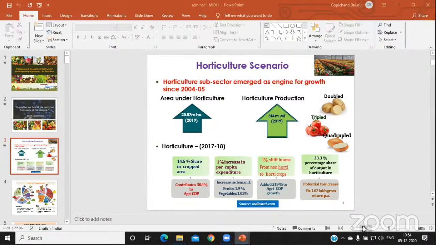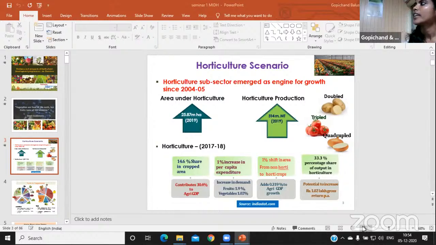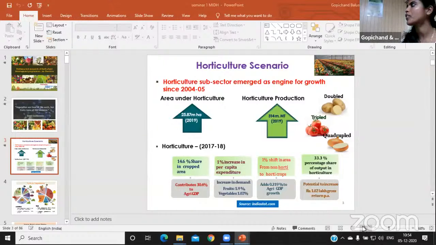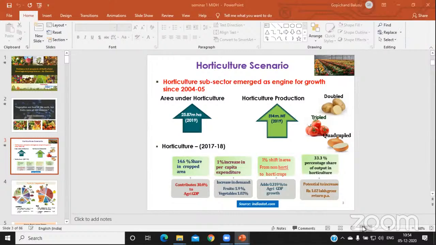And the area and production of flower crops, that is 122.73% change in the area, and 224.86% change in the production, and 46.2% change in the productivity of the flower crops. And plantation crops also, 13.9% change in the area, 18.4% change in the production, and 4.6% change in the productivity.